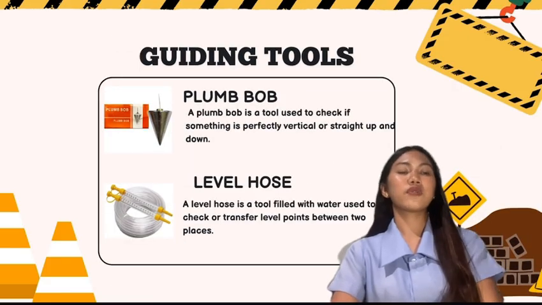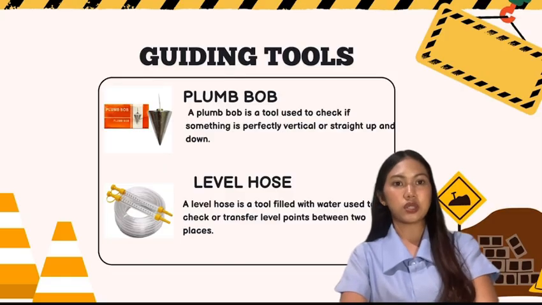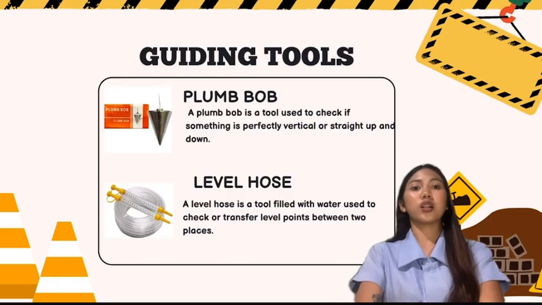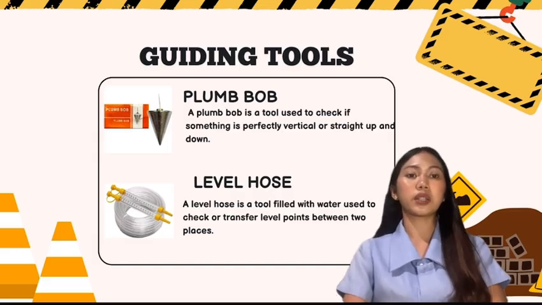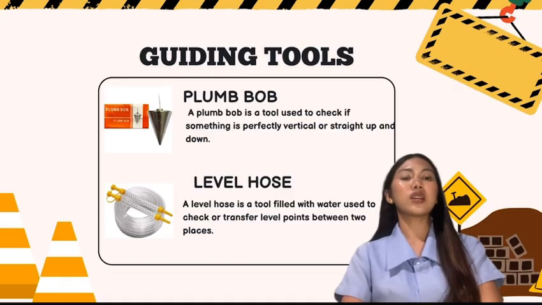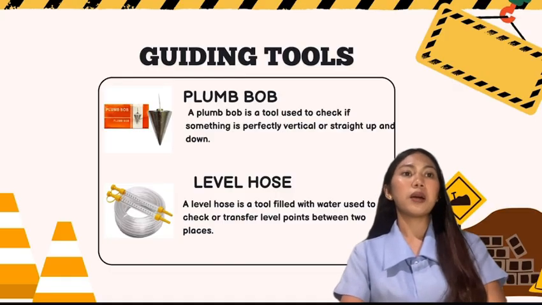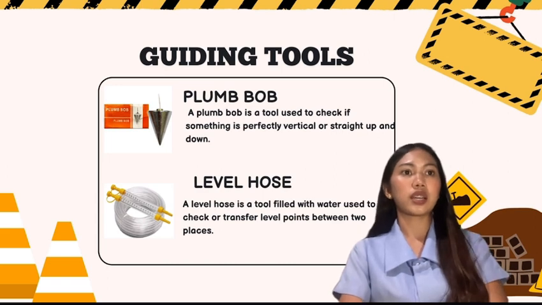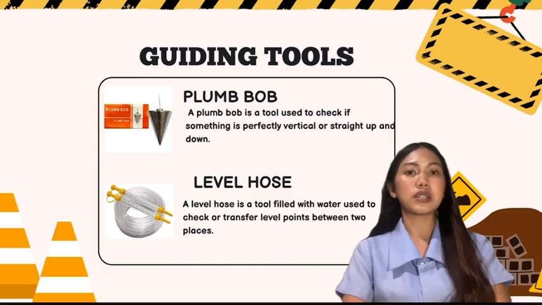The fourth classification of hand tools is guiding tools. Guiding tools help ensure that structures or materials are aligned properly. There are 2 examples here, which are the plumb bob and the level hose. A plumb bob is a tool used to check if something is perfectly vertical or straight up and down.